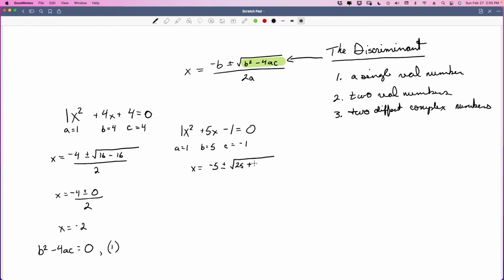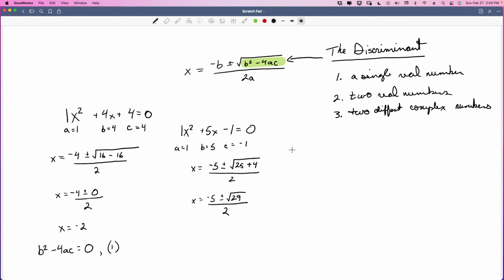So that'd be plus 4, all divided by 2, right? So that would be x is equal to -5 plus or minus the square root of 29 divided by 2.